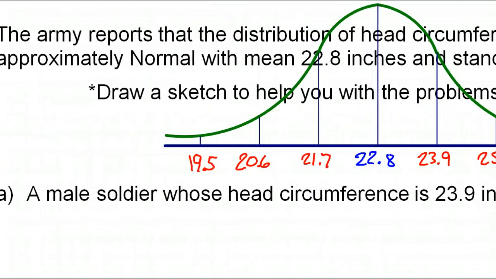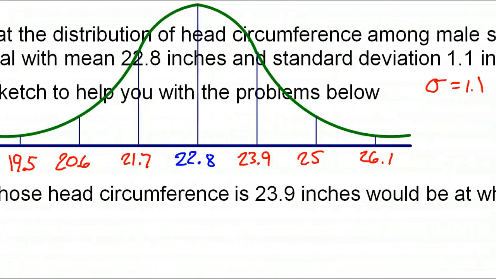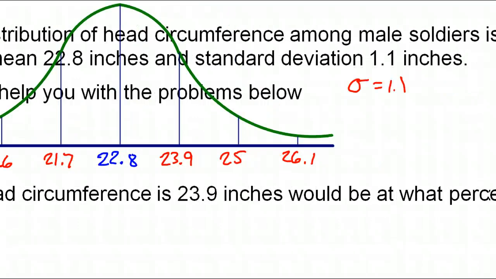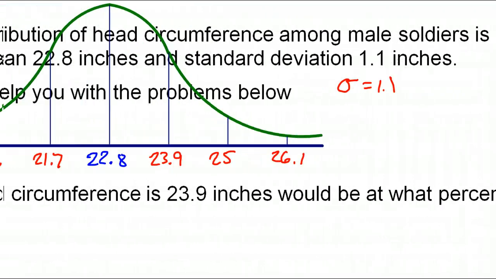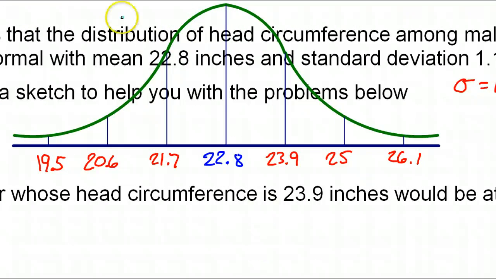A soldier whose head circumference is 23.9 inches would be at what percentile? Okay, 23.9 is right here. When we talk about percentile, we talk about how much of the population is below that particular number.